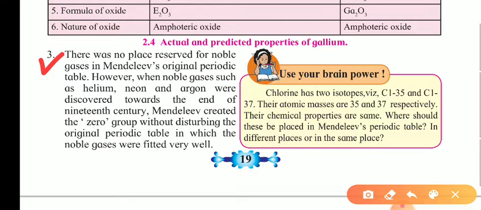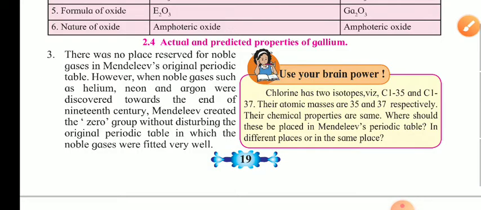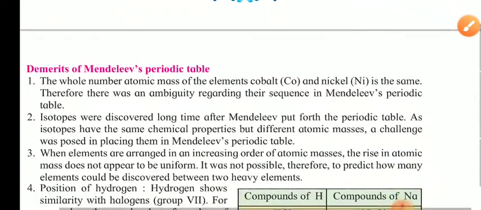Initially, when he started classifying elements in a periodic table form, he didn't keep any special or extra reserved place for the noble gases. But when they discovered elements like helium, neon, and argon, he placed them in a separate group without disturbing the original periodic table.